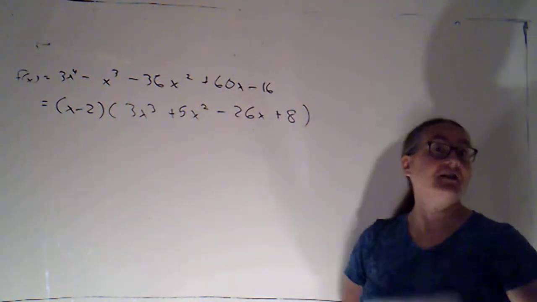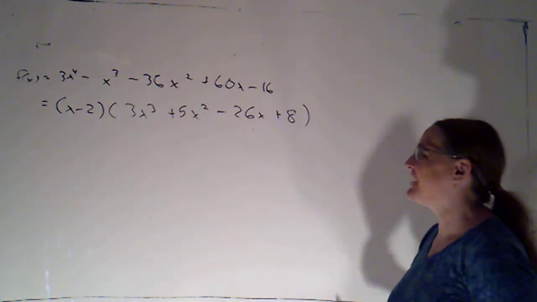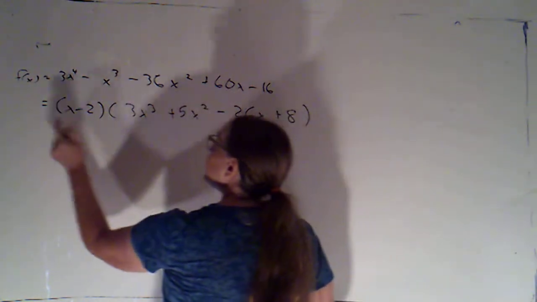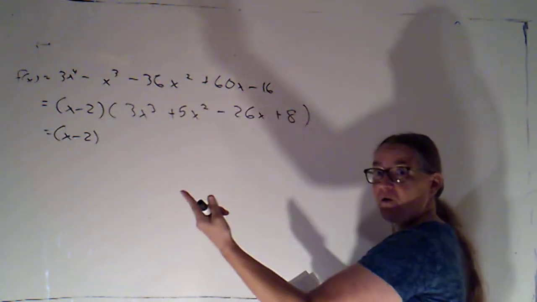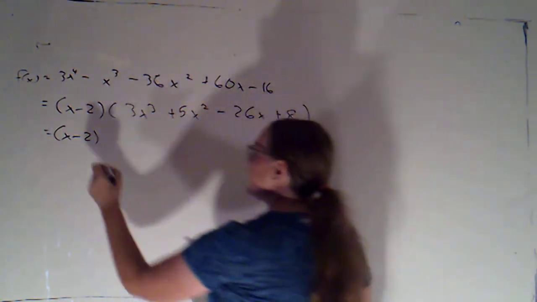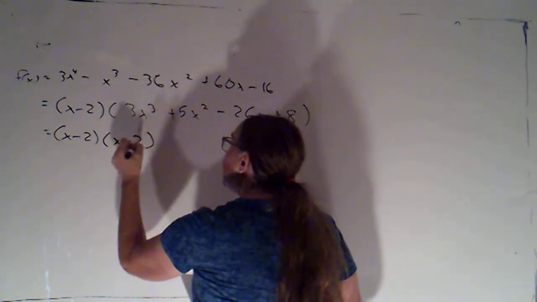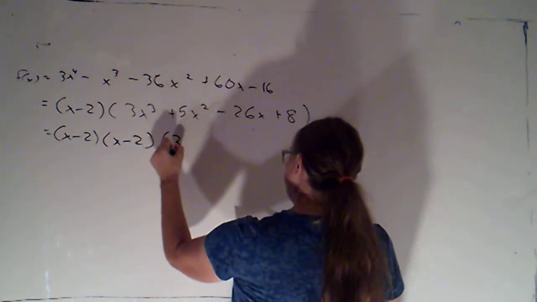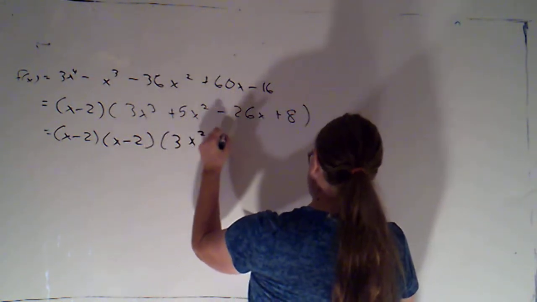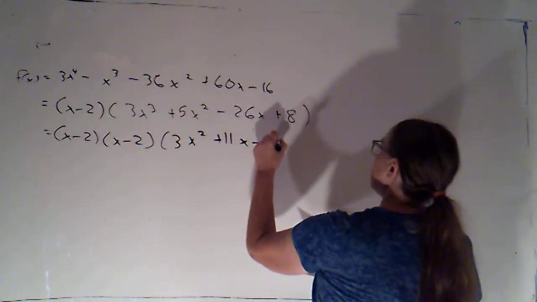And we were fortunate in that we happened to find a rational one again. So I've got x minus 2. Now, if this has a zero, there's going to be a corresponding factor. Now, we found that 2 was actually a repeated zero, and then we were able to factor this even further. And then we got 3x squared plus 11x minus 4.